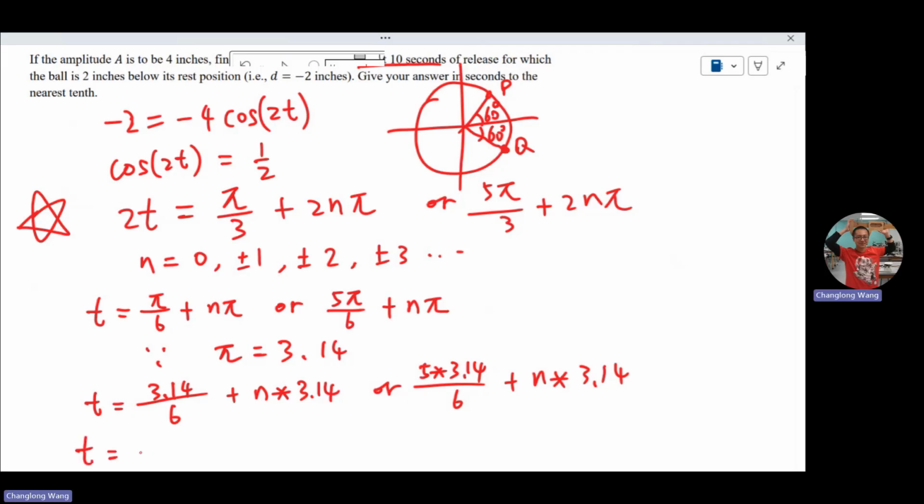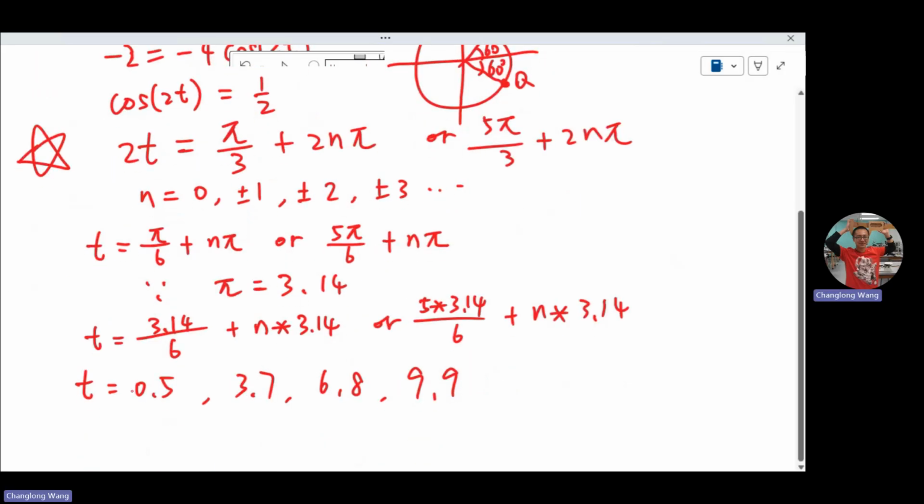T will be, just round up or down to the 10th place, 0.5, 3.7, 6.8, 9.9. Now from the first general solution, and then we can also get 2.6, 5.8, oops, 8.9.